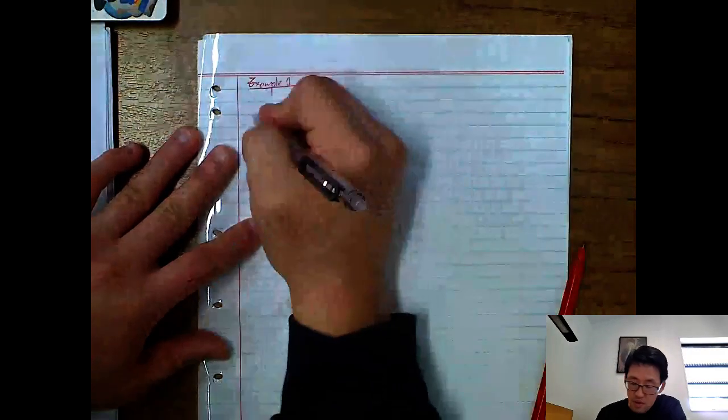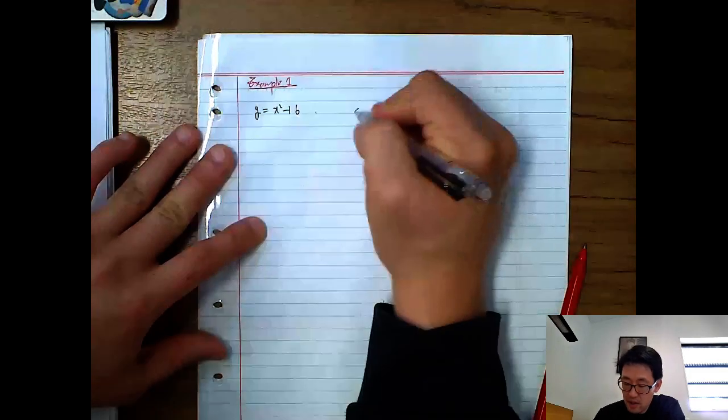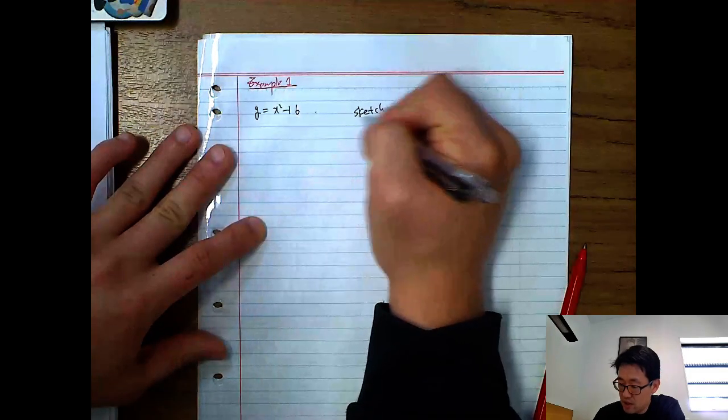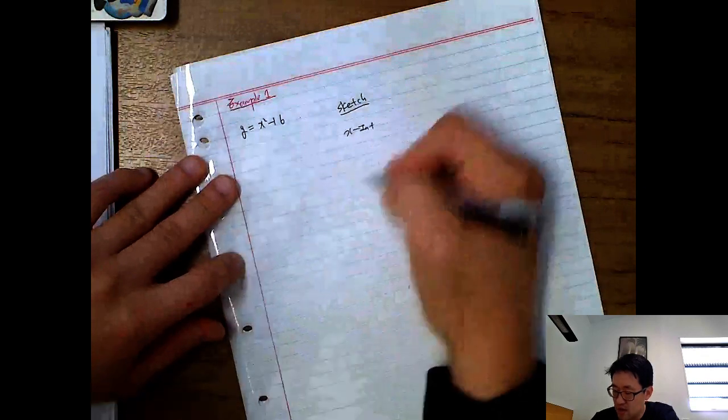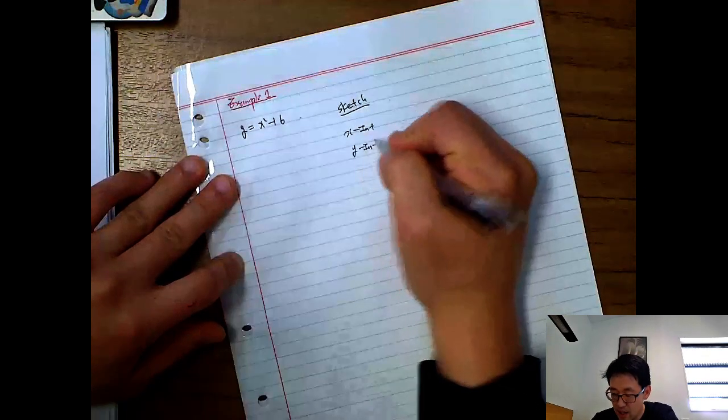Example 1. Y equals x squared minus 16. They said sketch. Okay, how many things do we need to cover? Remember, x-intercept, y-intercept.